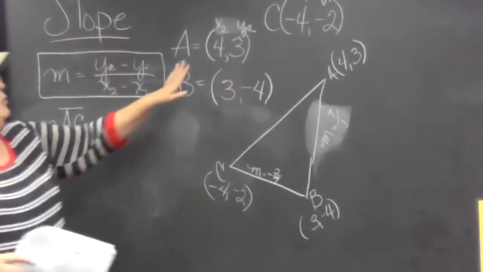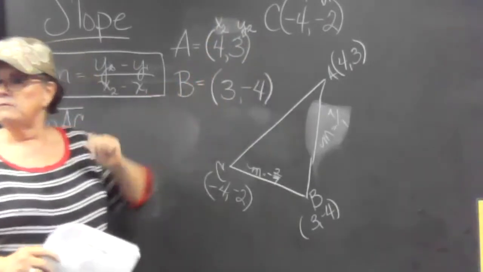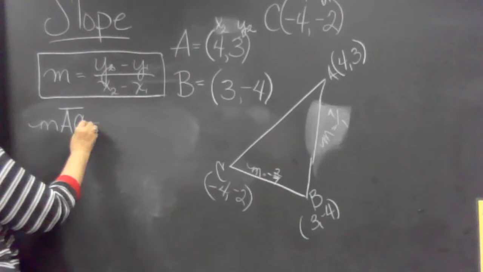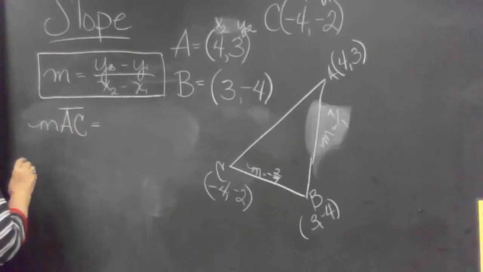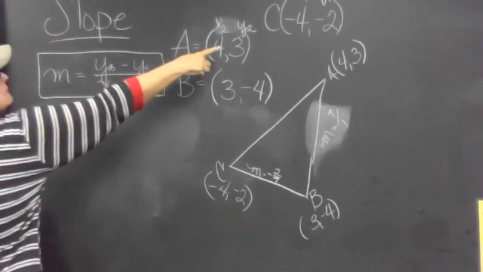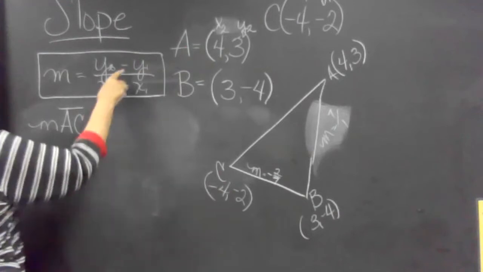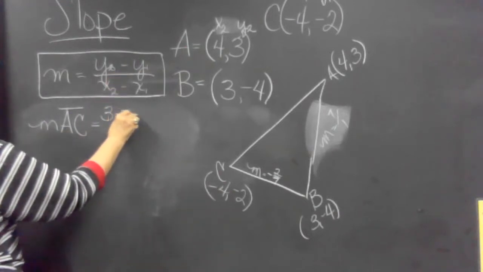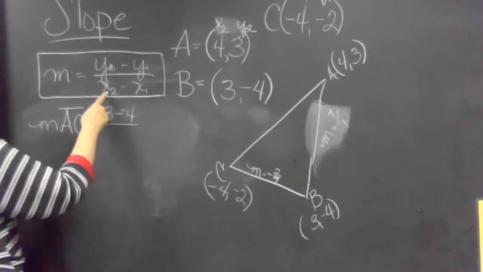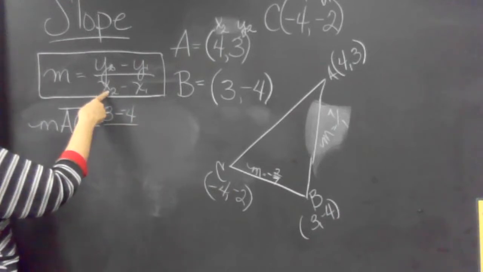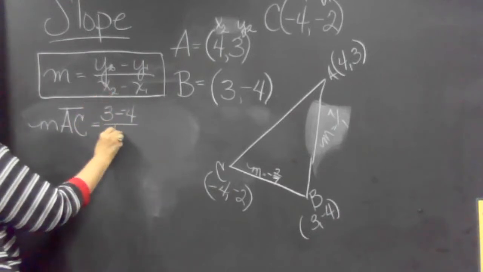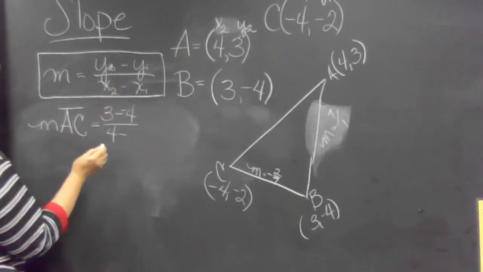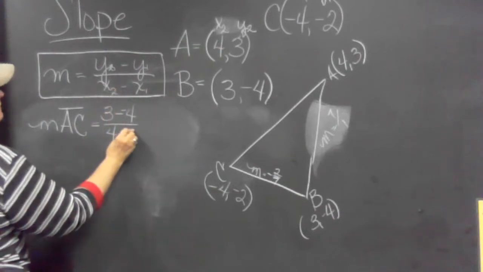So I'm going to deal with points A and point C. So one more time. I need y2, which is 3, minus y1, -4, x2 is 4, minus is in the formula, and then x1.